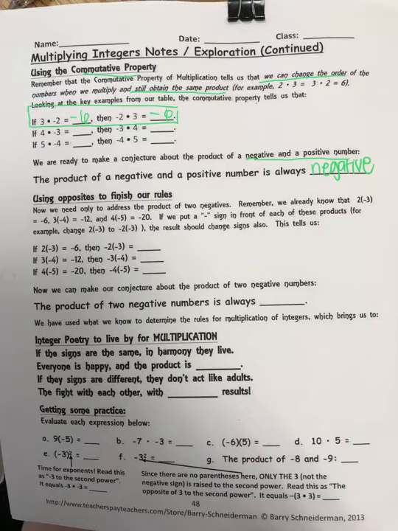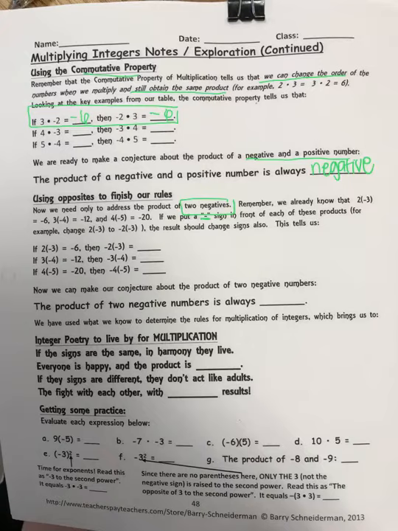Okay? Now we're going to use opposites or negative times a negative to finish our rule. So we've only addressed the product of a positive and negative, now we need to address the product of 2 negative numbers. Remember, we already know that 2 times negative 3 equals negative 6. What happens if we put a negative sign in front of each of these products?